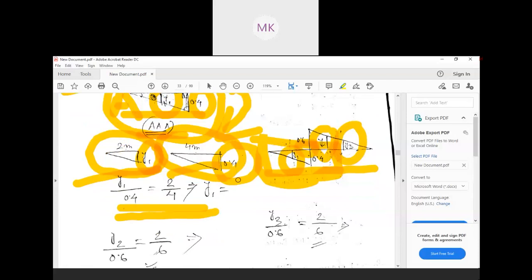There are some conditions for similar triangles that I think all of you learned in school. When these two triangles are similar, we can easily say that y1 by 0.4 is equal to 2 by 4. From here, if you simplify, you can easily say what our y1 is.